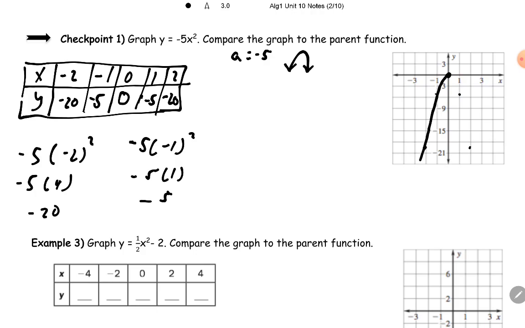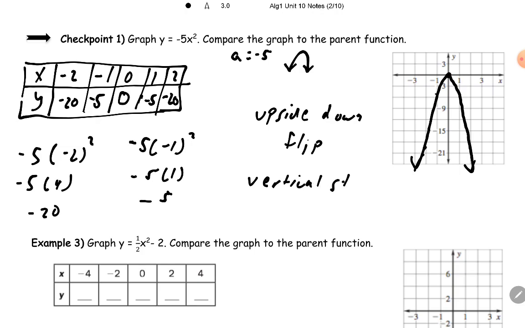And then we got something like this. So if we compare it to the parent function, it's upside down. We call this a flip. And it's also vertically stretched because it's going down much quicker than normal.